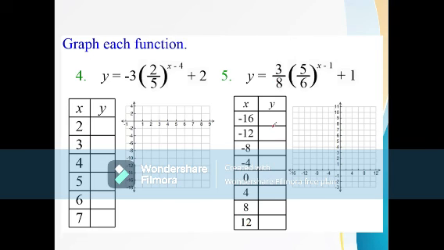The y values are unknown. You have to complete the table, then plot the points, sketch the graph, and make sure to show the horizontal asymptote. The same is true with number 4. Show the horizontal asymptote. Okay, so you are going to write your answer on your math activity notebook.